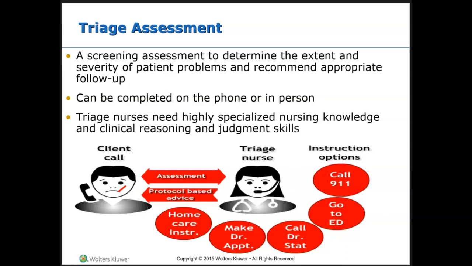I'm literally triaging these calls when the patient calls in and they tell me what's going on with them. I have to assess and determine if this is a stat 911 to the hospital kind of thing, like hang up and call 911.